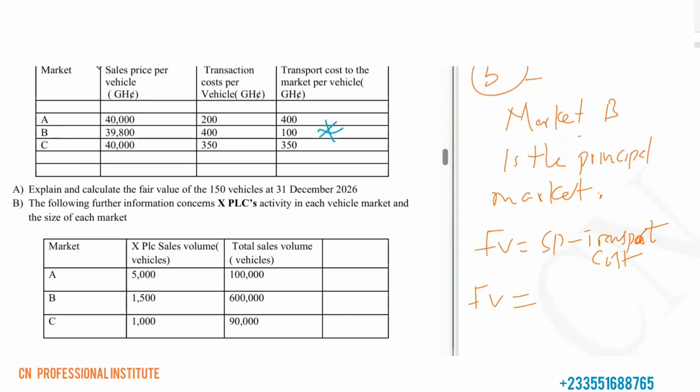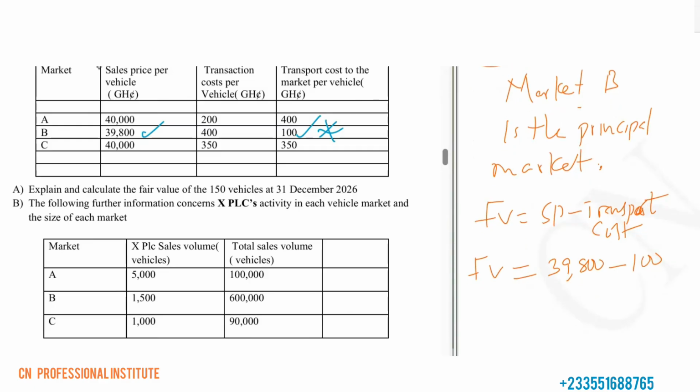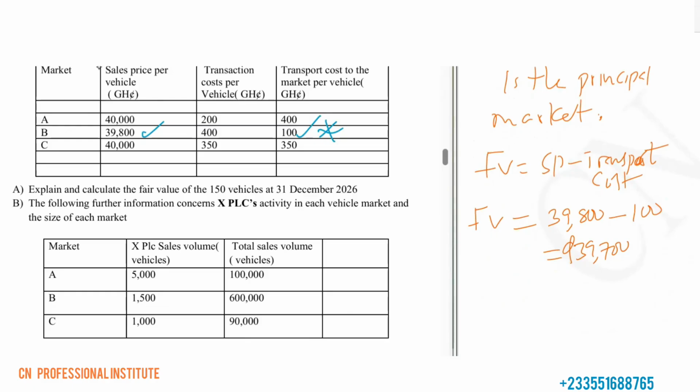What is the selling price in market B? It is here, 39,800. Then minus your transport cost. Our transport cost is 100. And then we deduct and we get 39,700 Ghana cedis. Right, so this is the fair value per vehicle from market B, which is the principal market.